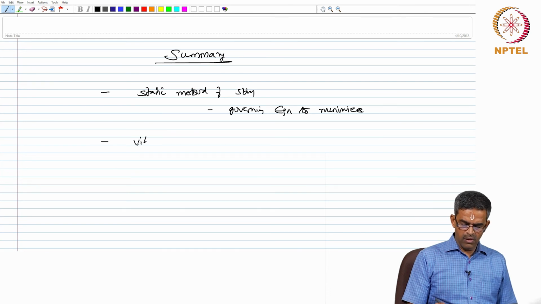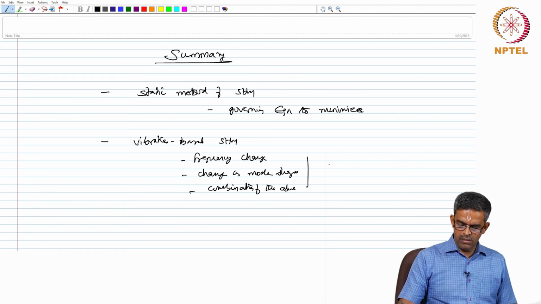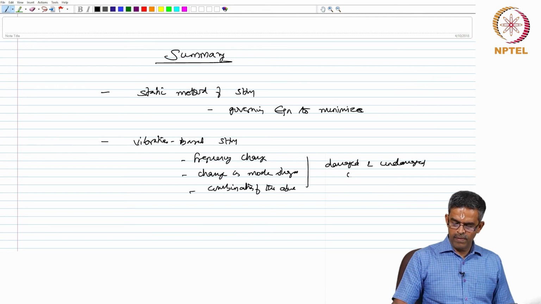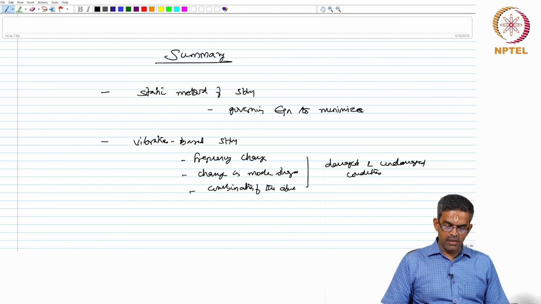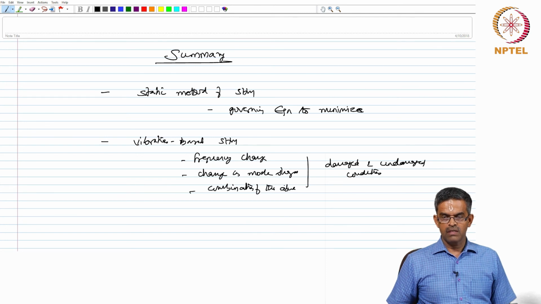We also learnt about vibration based structural health monitoring, how the frequency change, the change in mode shape, and the combination of these two between the damaged and undamaged case is helpful in estimating the vibration based characteristics, or deviations of vibration characteristics, in the structure caused because of damage. Thank you very much.